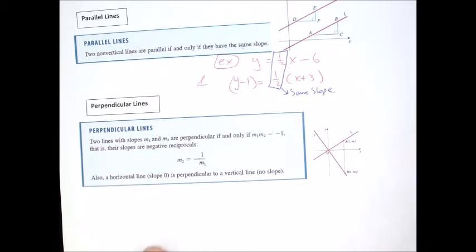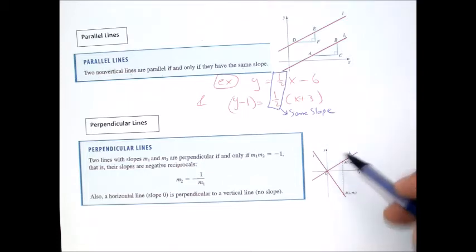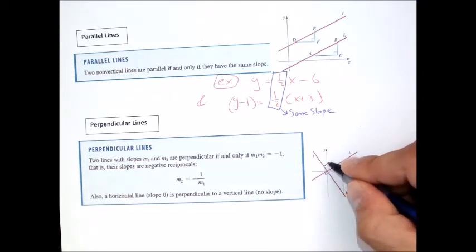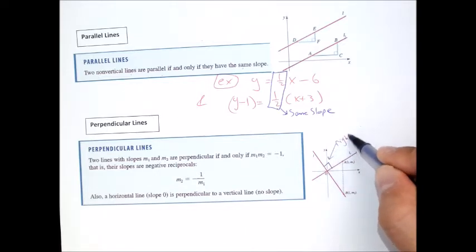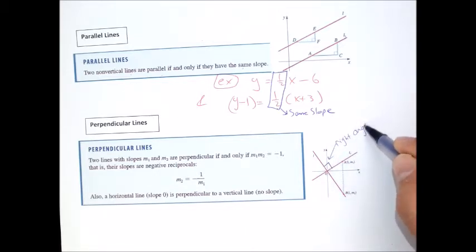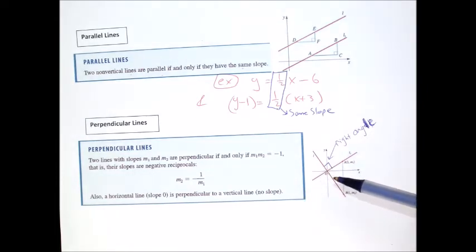The opposite of being parallel is perpendicular, which is what's shown down here. Two lines are perpendicular if they cross and make a right angle, and you can see that I'm making a right angle with these two. If they cross and make a right angle, they're perpendicular.